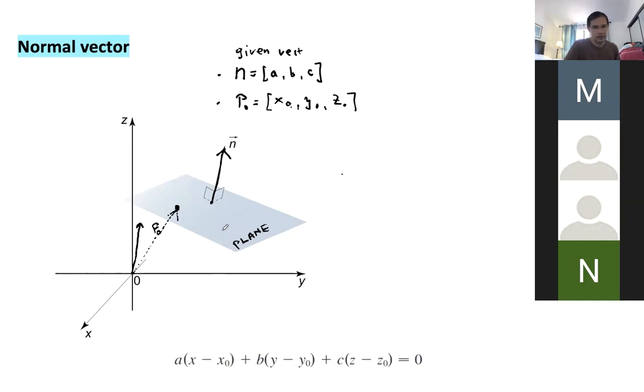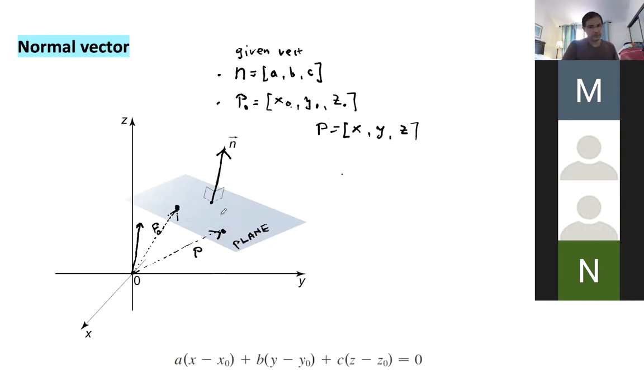If this is a point on the plane, I can consider the following vector: the vector from the origin up to this point. Call this vector P. So this vector P is completely arbitrary, and let's say its coordinates are x, y, z, and we want this point to be on that plane.